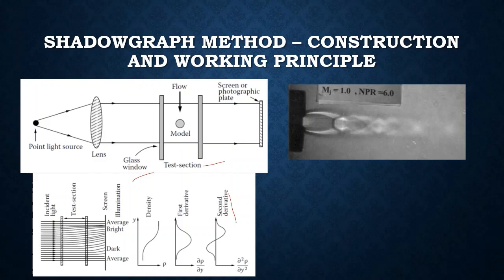In order to bring out the actual density, you have to integrate this quantity twice to get the index of refraction. After getting the index of refraction, you can substitute into the Gladstone-Dale formula, and then you can find the value of density, and the density variation across the shock wave, right? And this is the model showing the barrel shock and the Mach disk.